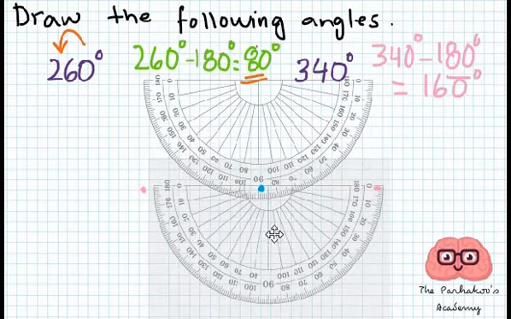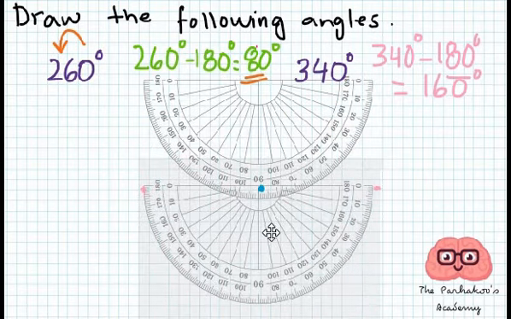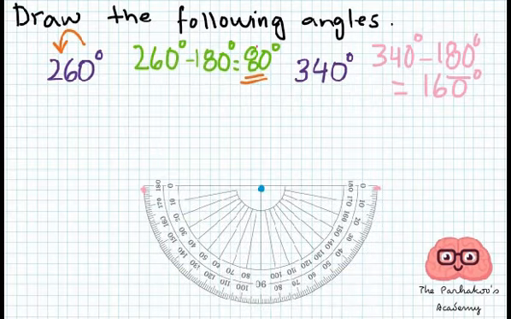So now let's place it. Okay, now going 160 degrees more on this side. Since we are going anti-clockwise, the inner scale is our scale. So 0, and from 0 to 160 degrees, it would lie here. Our first ray would be at this point, which is basically the 0 point. The second ray would be at this point.